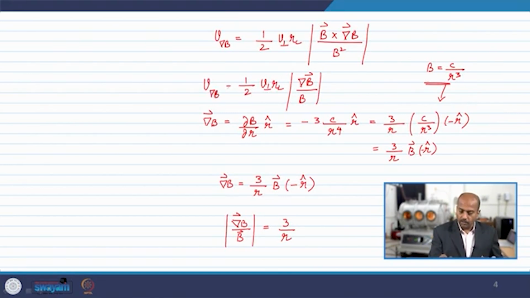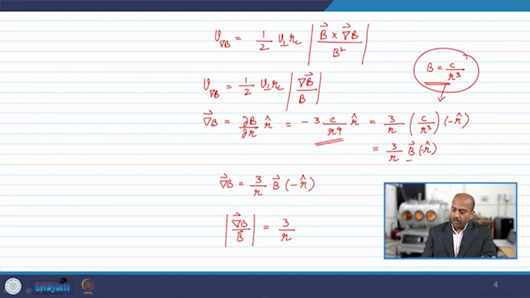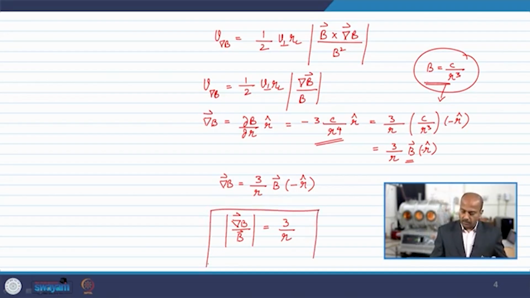V del B is equal to half V perpendicular RL times the magnitude of del B by B. So we have evaluated del B by B. Del B is dou B by dou R along R cap. Since we know the form for B, we have differentiated it once with respect to R. We got this. We slightly rearranged it so that we have the B appear again on the right hand side, brought it to the left hand side, and now we have del B by B as 3 by R.